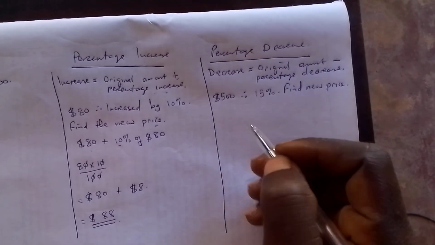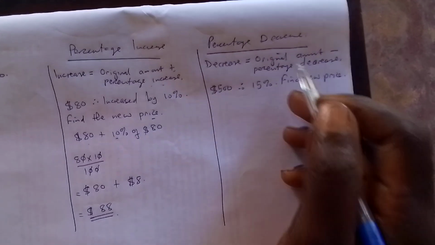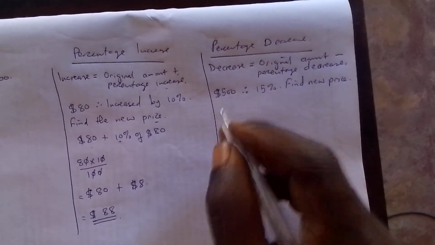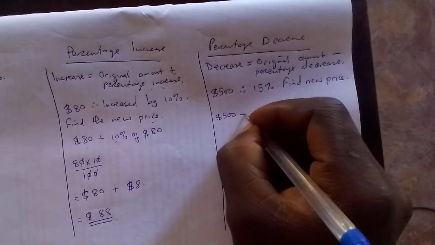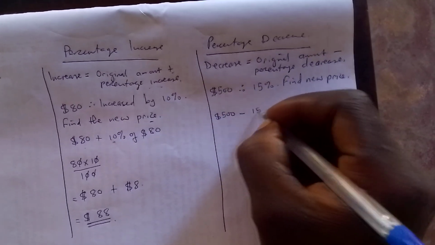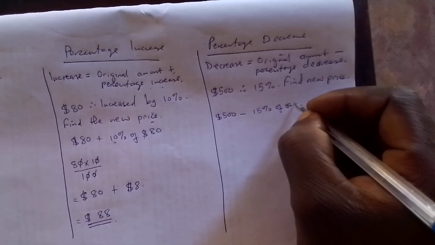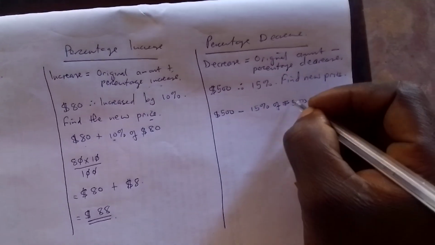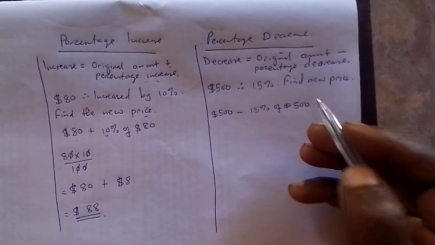Now, let's first find 15% of 500 so that we can apply our formula. The original amount, 500, minus 15% of 500. This is how we do a decrease.